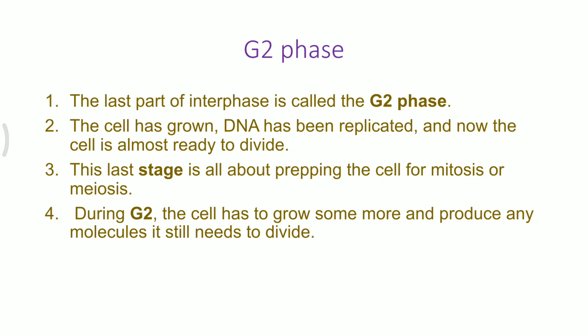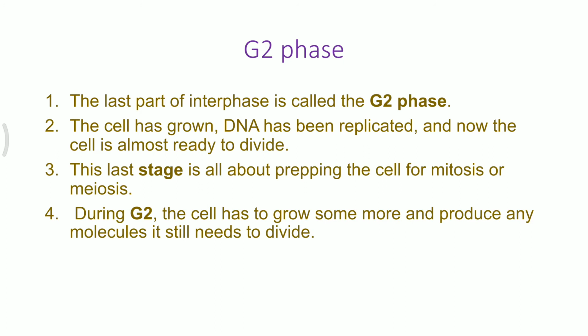The next phase is the G2 phase. G2 phase is the period when the cell machinery is getting formed, and it is the last phase of interphase. During this phase, the cell grows, DNA becomes replicated, and all the required enzymes, the cyclins and the CDKs, are formed.